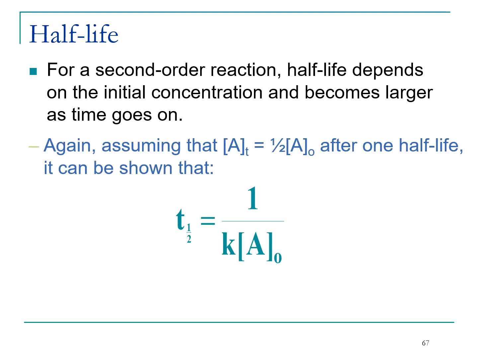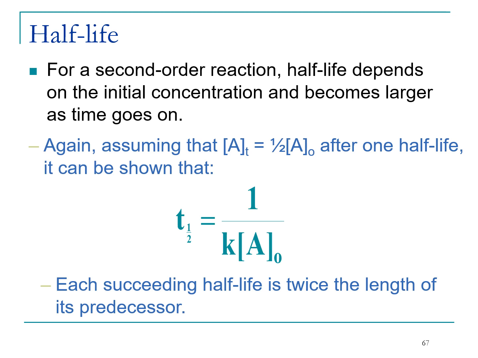For a second order reaction, T1/2 equals 1 over K times the initial concentration. Once you get to the half-life, the concentration is half, so T1/2 has to be recalculated after each half-life. Actually, it's continuous, but you get the idea. Each succeeding half-life is twice that of its predecessor.